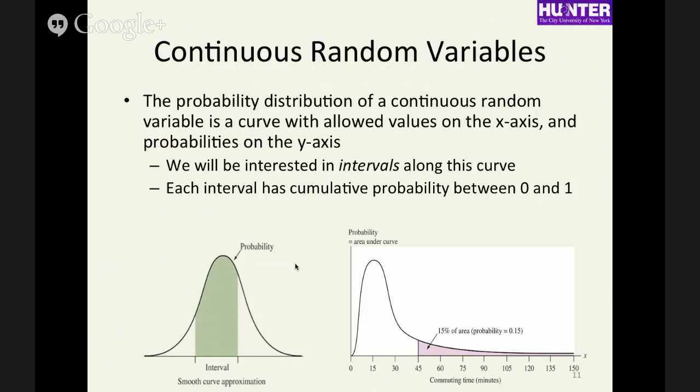One thing to remember about these is that the total cumulative probability has to be 1. Because if you look at all possible values along this x-axis, you're getting an exhaustive coverage of the values that random variable can take, and the sum of the probabilities of exhaustive events is 1.